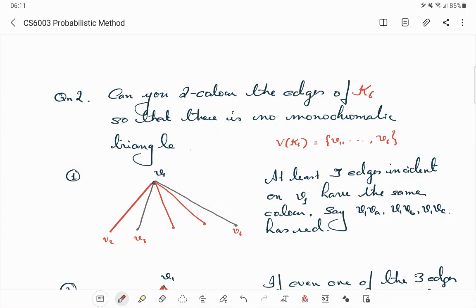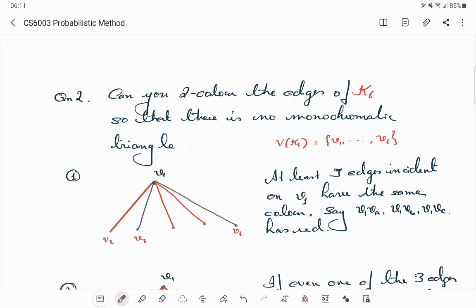Right now, you are given 2 colors and you have 5 edges. So the pigeonhole principle, or its quantified version, will tell you that at least 3 edges get the same color. Maybe at least 3 edges get red, or at least 3 edges get green. Easy to prove. If there are at most 2 green edges and at most 2 red edges, then there are only 4 edges in total, which means 1 edge was left uncolored, which is not allowed.